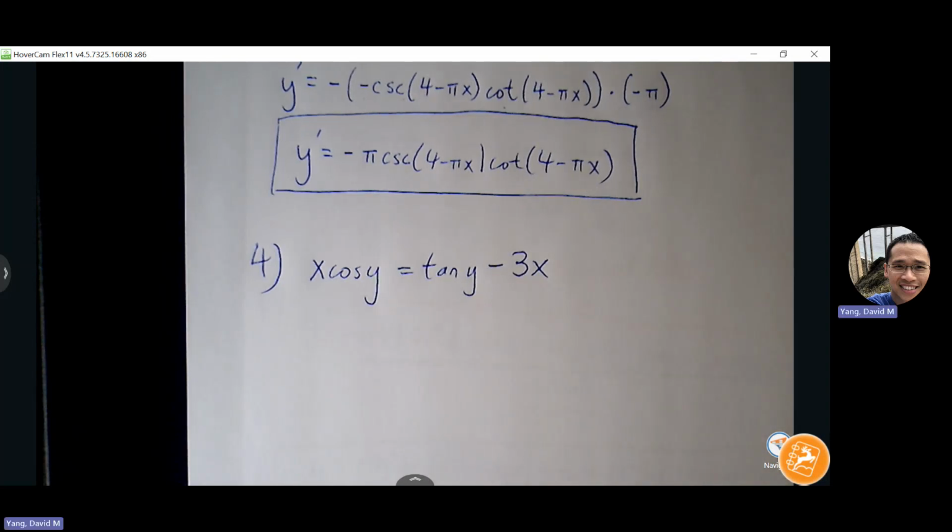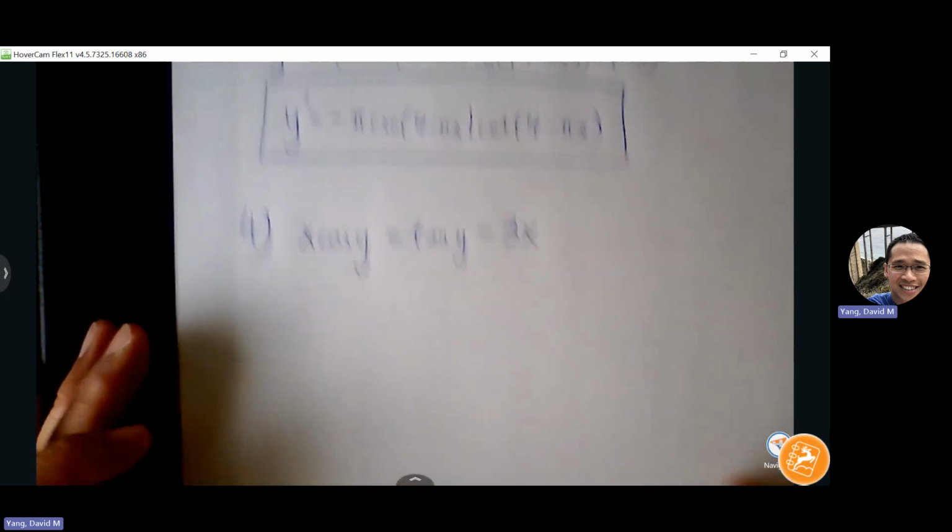Okay, number 4, what do you see here? Implicit and product, okay. How many dy dx's do we expect to show up? 2, okay. Good.